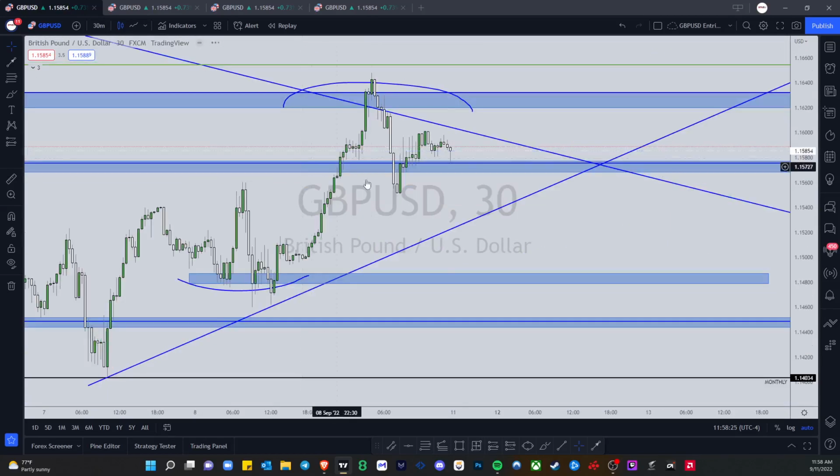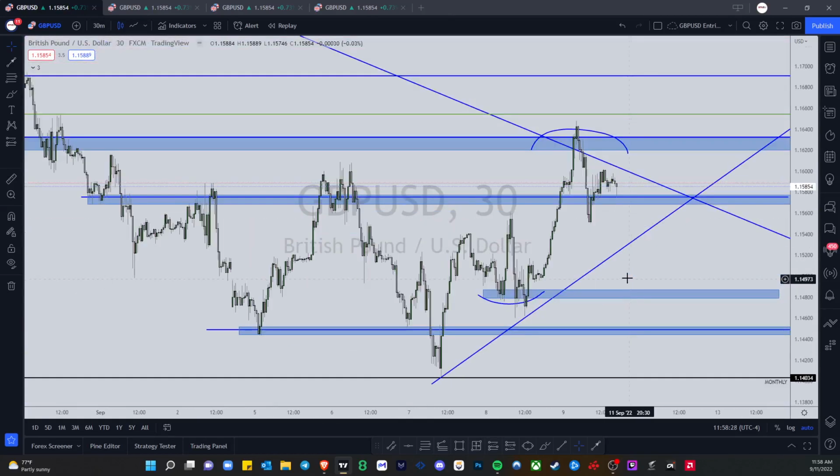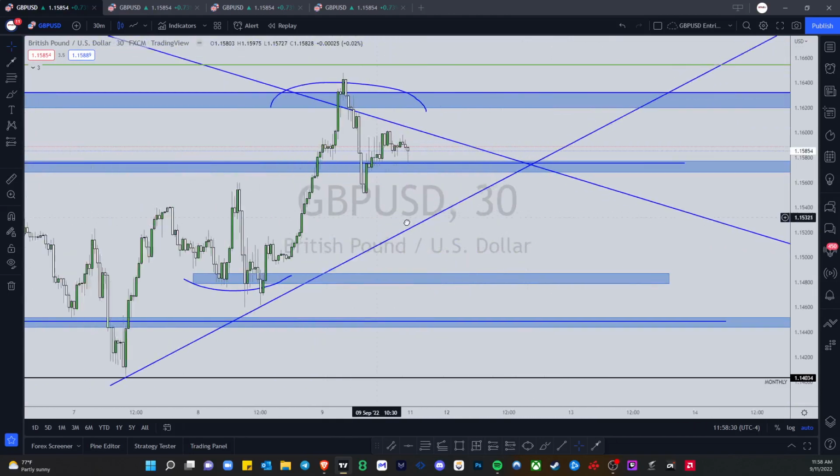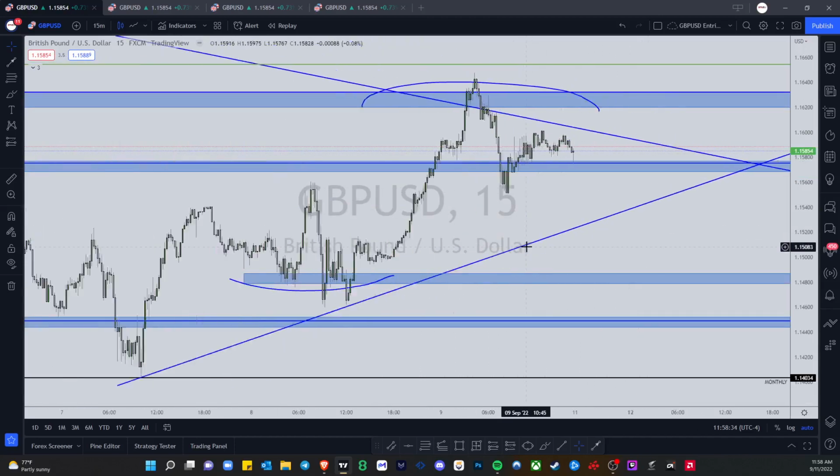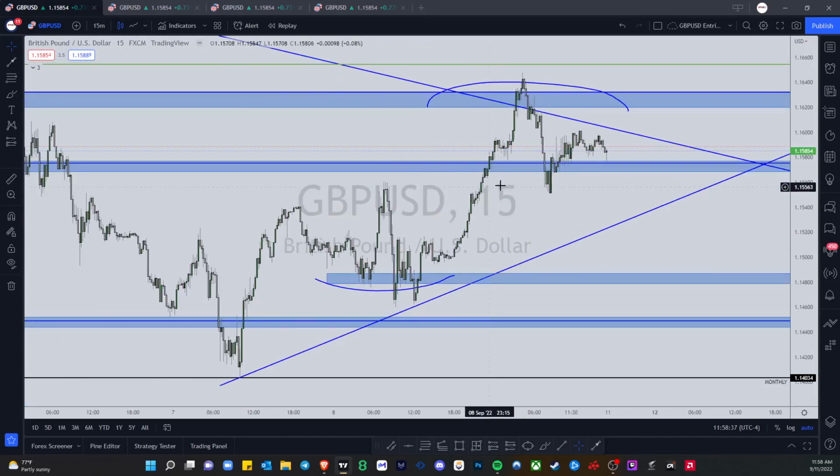Alright, now I'm going to my M30 and M15. Pretty much M30 is looking the same as H1, same structure type of thing.